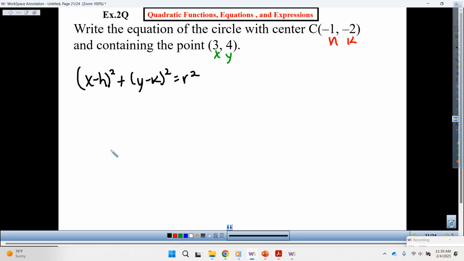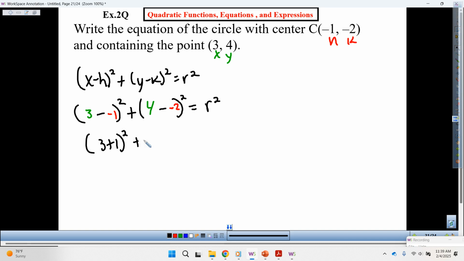So from there we got parentheses minus squared plus parentheses minus squared equals r squared. So we got negative 1, negative 2, and then we got 3 and 4. So that gives us (3 plus 1) squared, (4 plus 2) squared equals r squared.